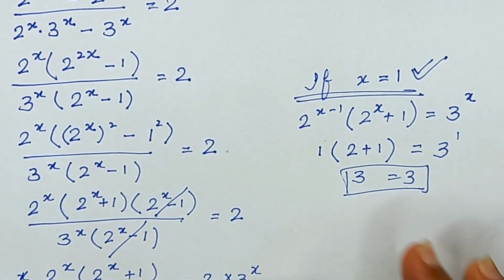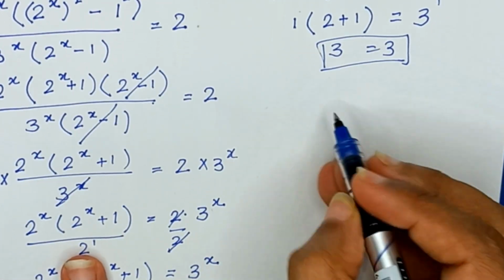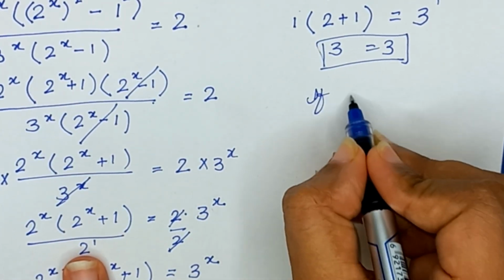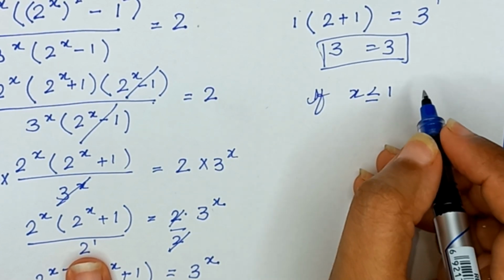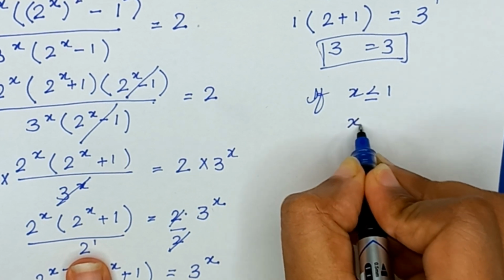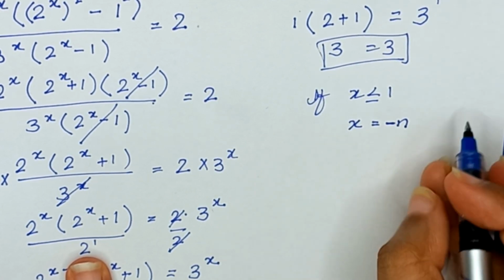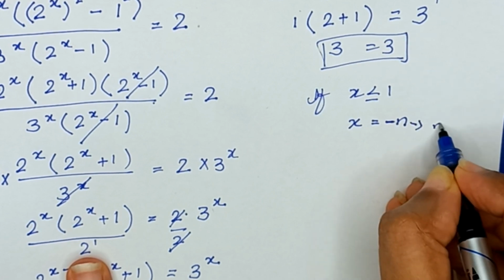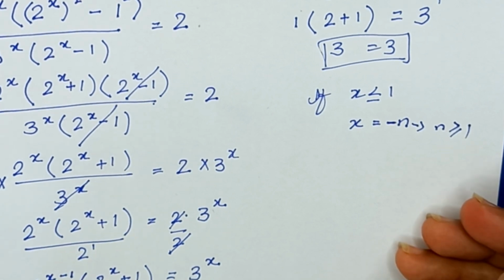Okay, now I will check for x less than or equal to 1. So if x is less than or equal to 1, it means we can check for x equal to minus n, meaning a negative number, where this n will be greater than or equal to 1.